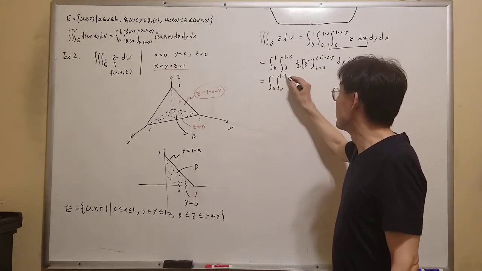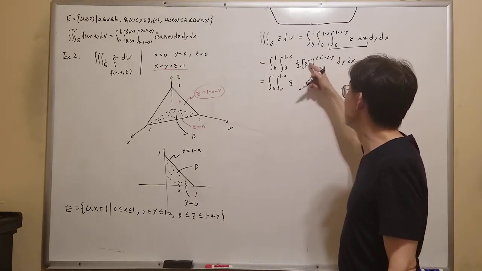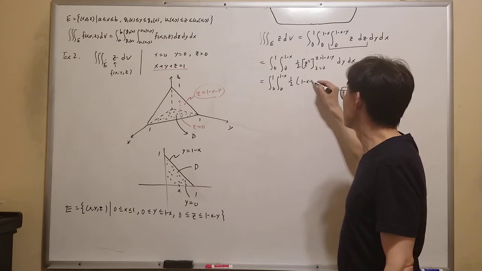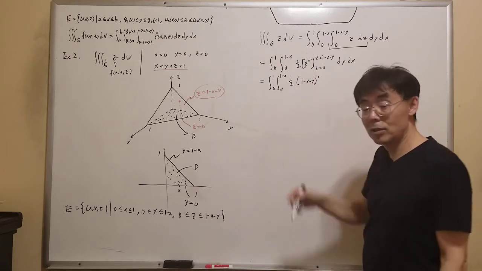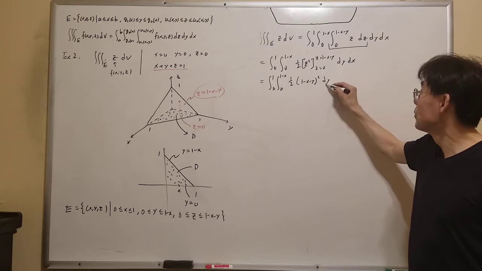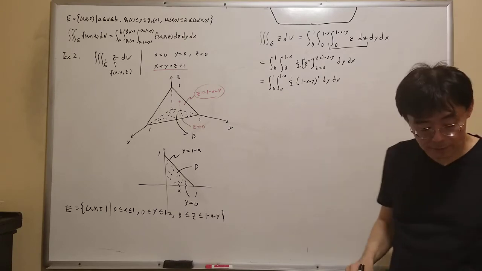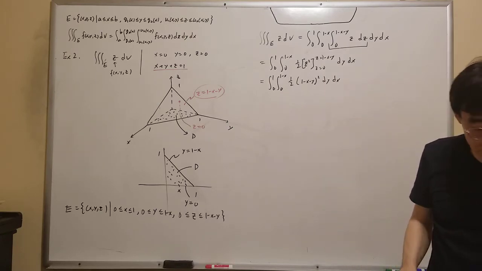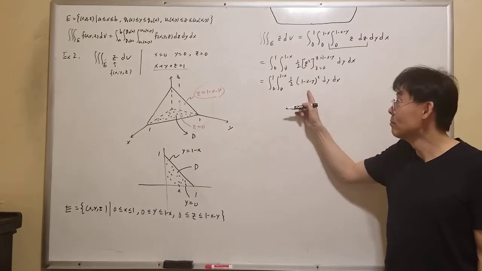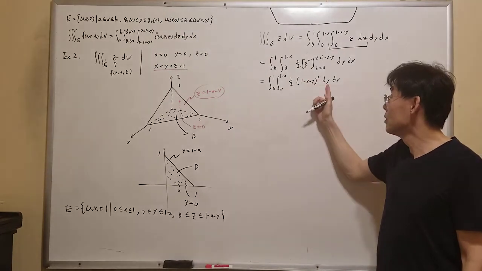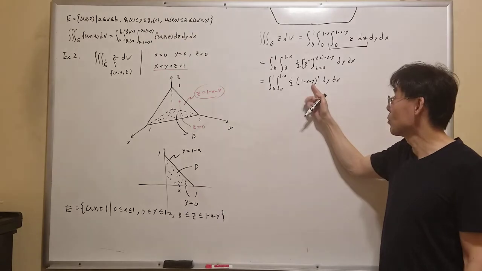So this is the integral from 0 to 1 minus x of one half times (1 minus x minus y) squared; z equals 0 gives 0 squared, which is 0. Now you don't have to break this up. Let u equal 1 minus x minus y.